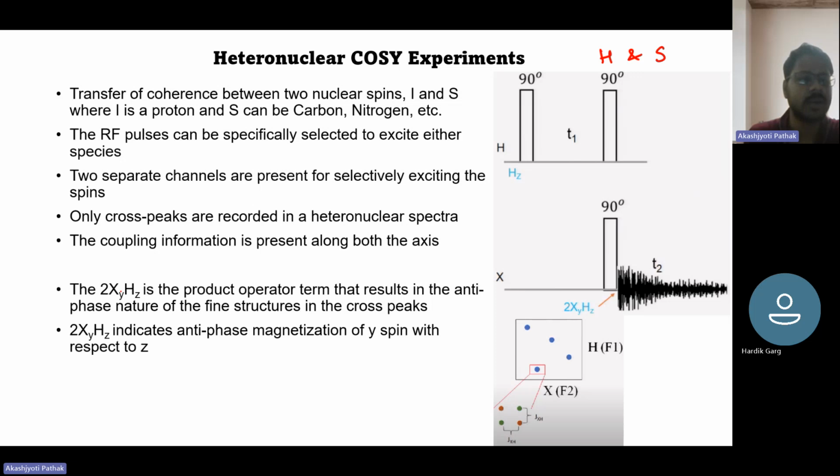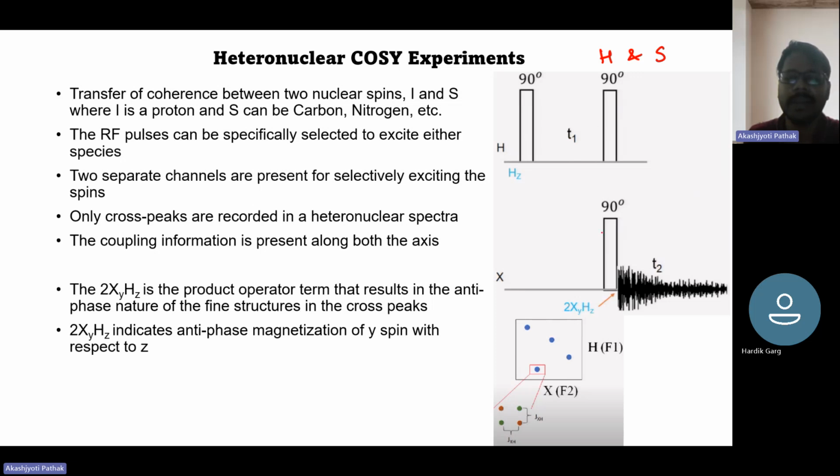Because this 2XYHZ means that the Y spin is antiphase with respect to the X spin, which is antiphase with respect to Z. So here you see the heteronuclear COSY spectrum that you obtain. First you apply this 90-degree pulse, and then this transfer, followed by a T1 time period.